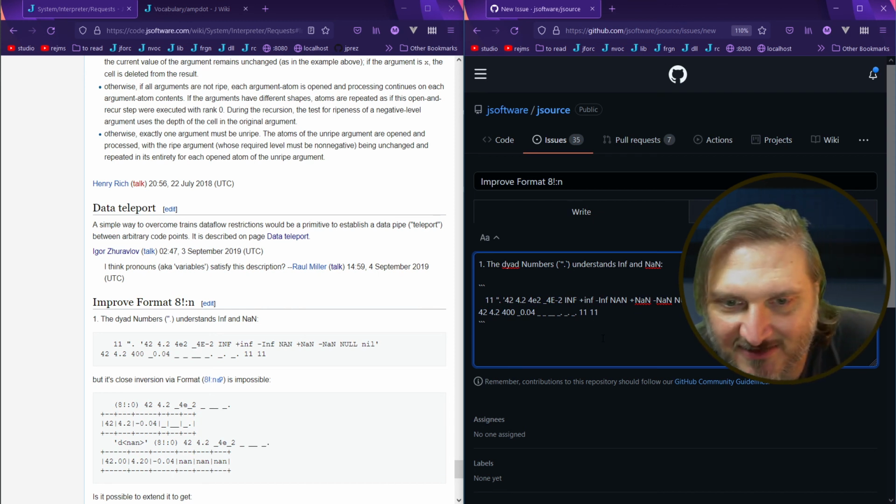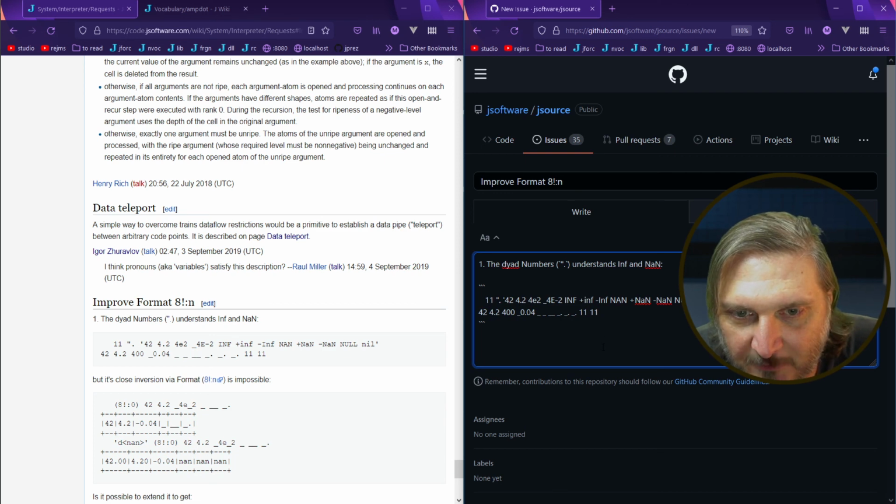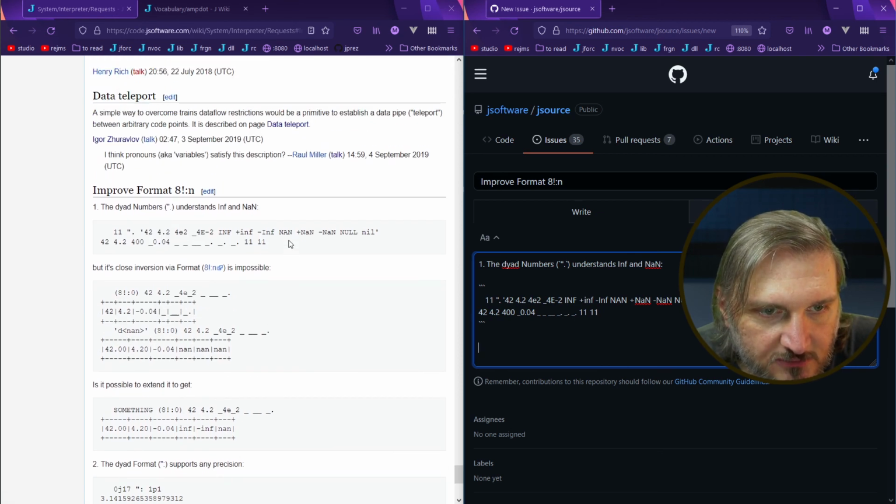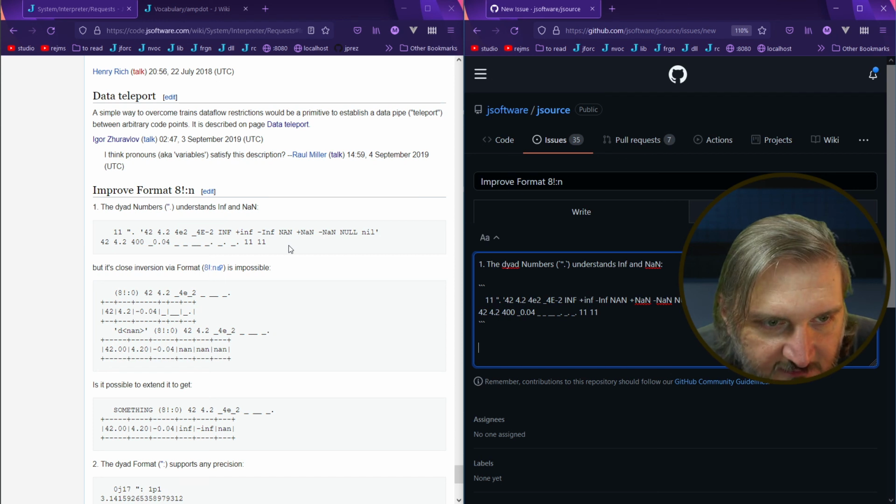I use boxes all the time, occasionally nested boxes. But you would definitely work with these nested things when you're working with gerunds and whatnot, when you have an atomic representation of a hook or something with conjunctions, adverbs and all that stuff nested down inside of it.